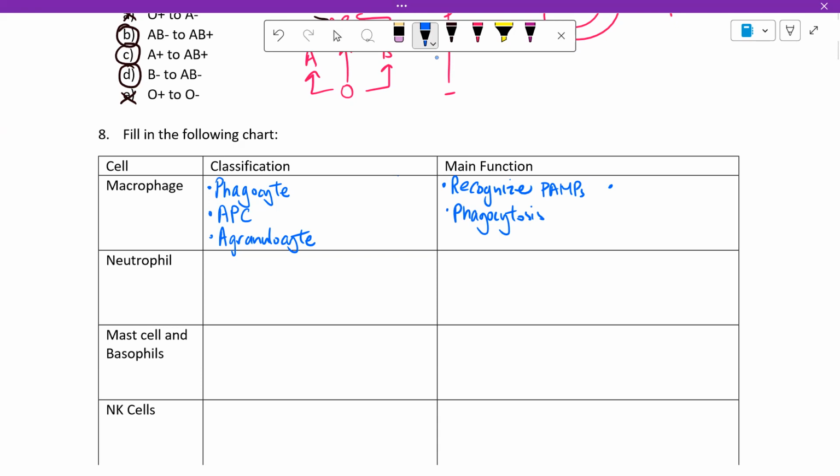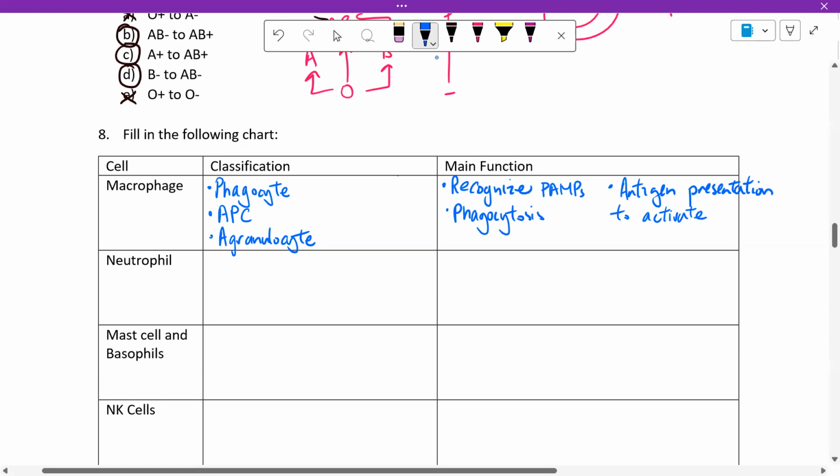If a macrophage sees them, they will eat them. They will eat anything that has PAMs on it. As an APC, they do antigen presentation to activate naive T cell. Remember, they have to choose the correct naive T cells, which then allows them to do clonal expansion, right?